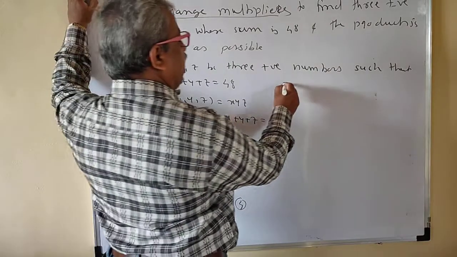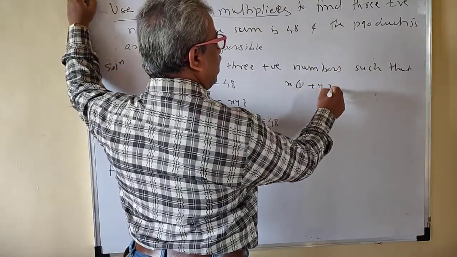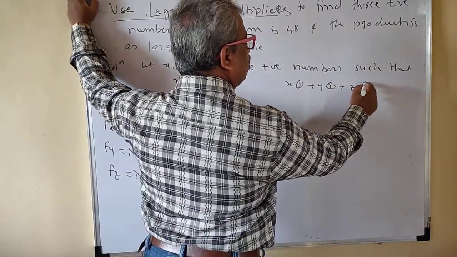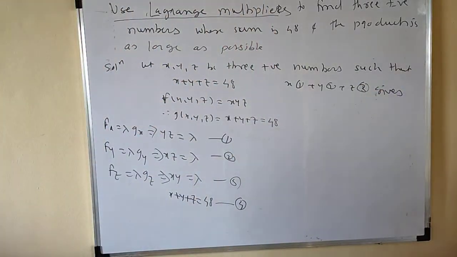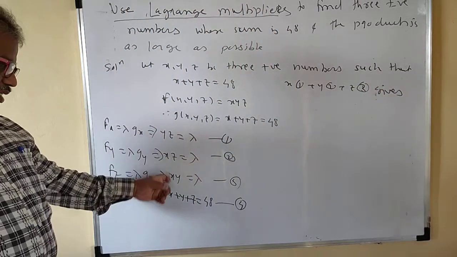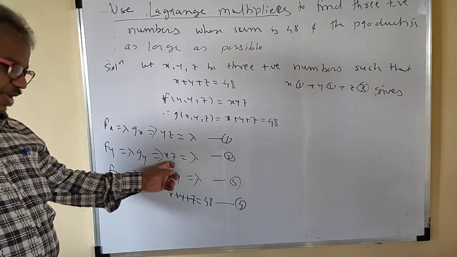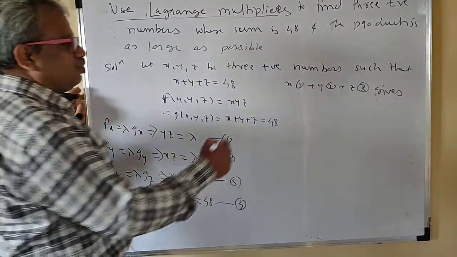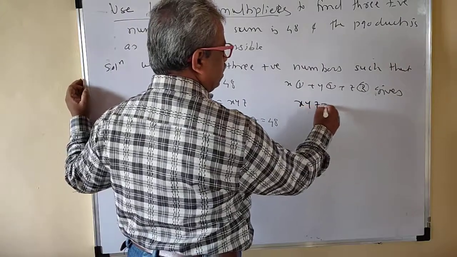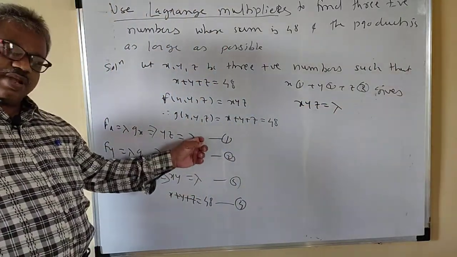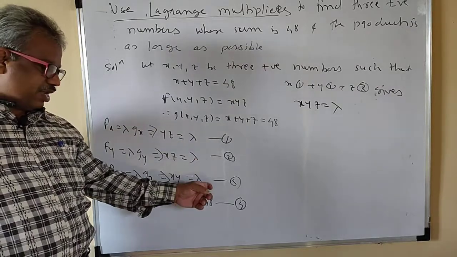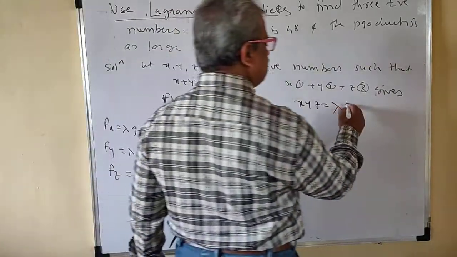So what do I do? x into 1 plus y into 2 plus z into 3 gives, I multiply by x here, so this will be xyz. This will be xyz. This will be xyz. Now lambda will be common, so I multiply by x here, y here, z here. So this is lambda times (x plus y plus z).